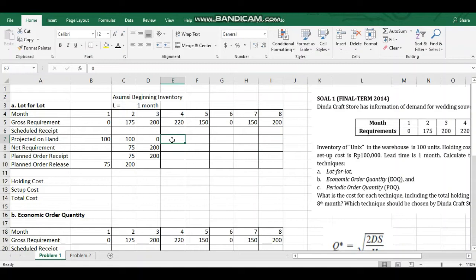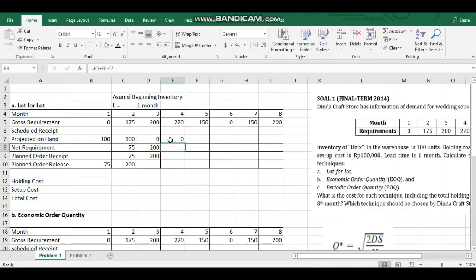Next, for the fourth month, the gross requirement is 220 units, while we have no inventory at all, right? We're not carrying any units from the previous month. So the net requirement is just like before, because our requirement is 220 while we have no inventory to fulfill those requirements.